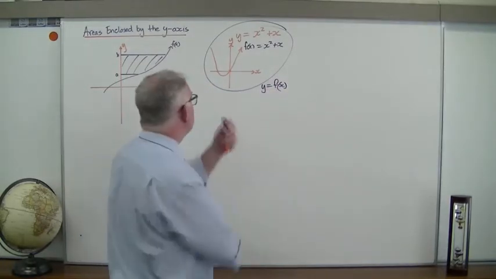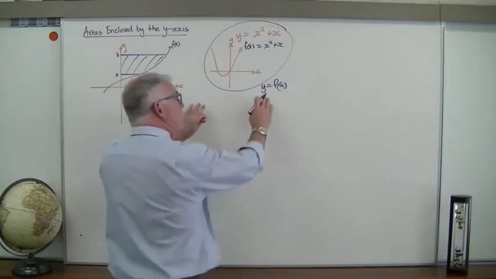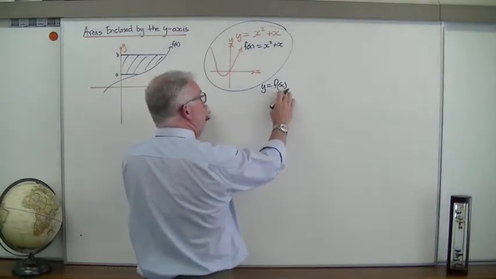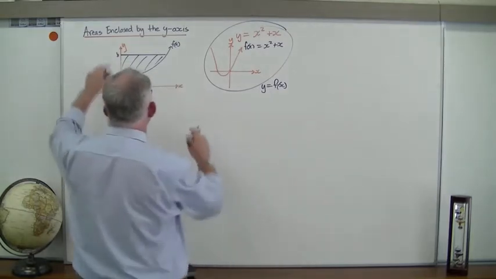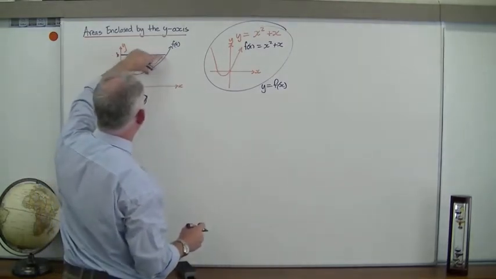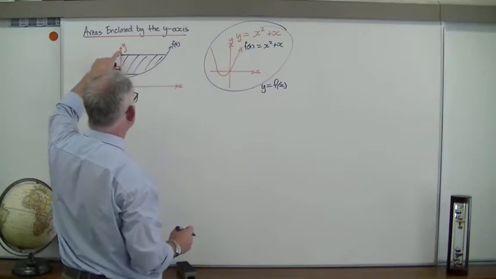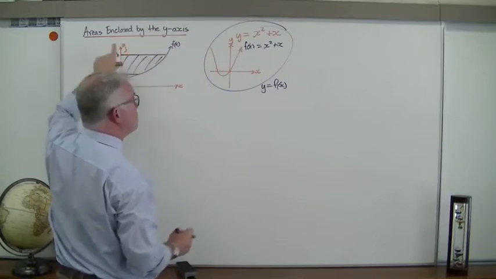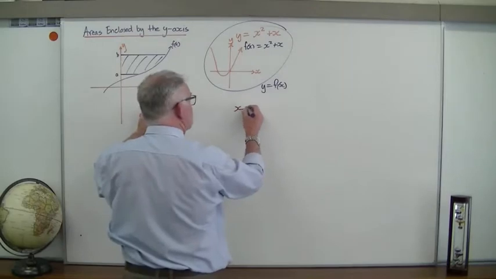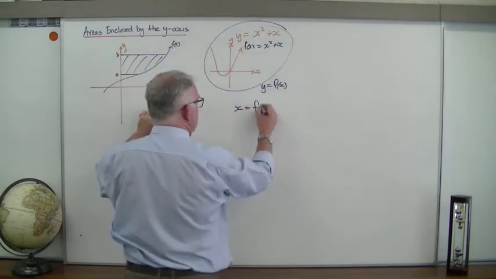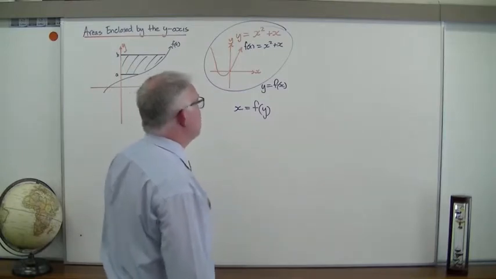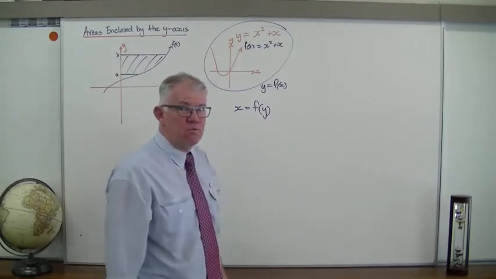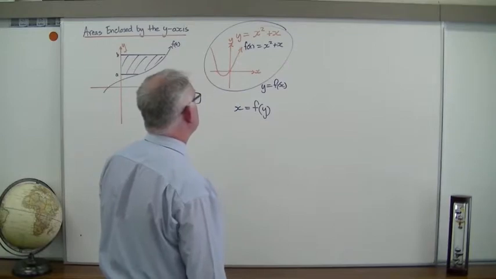But we want to flip it around, and we don't want to think of it as y equaling some function of x. If we're going to find the area between the curve and the y-axis, we want to think of these functions as x equal to a function of y. That's not really all that hard for many functions.